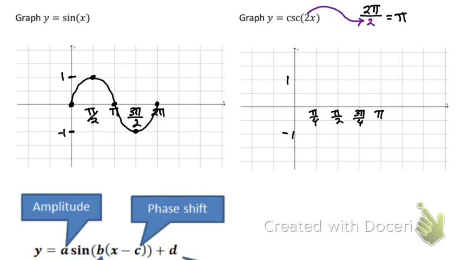In order to graph cosecant, I'm going to first graph sine. If this was sine of 2x, it would look something like this. But I'm just going to put little tick marks because I'm not actually trying to graph sine. So that purple one is sine of 2x. In order to graph cosecant, every place that sine is 0, I'm going to put a vertical asymptote.